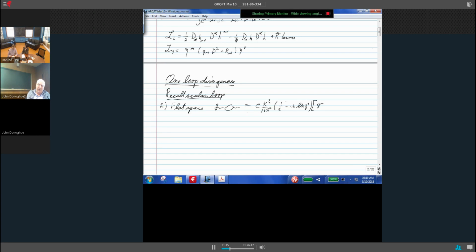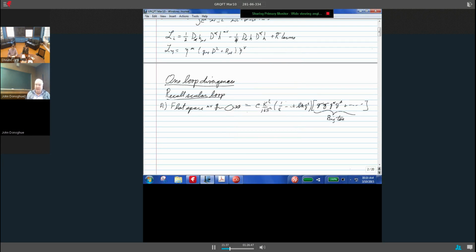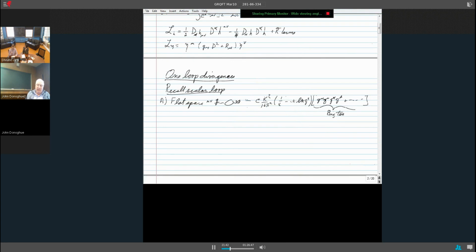Okay, we did it first in the following way. We did it in flat space. We didn't actually do all the steps, but it's just a usual Feynman diagram. And we found that that was some constant times kappa squared over 16 pi squared, 1 over epsilon minus stuff plus log q squared.